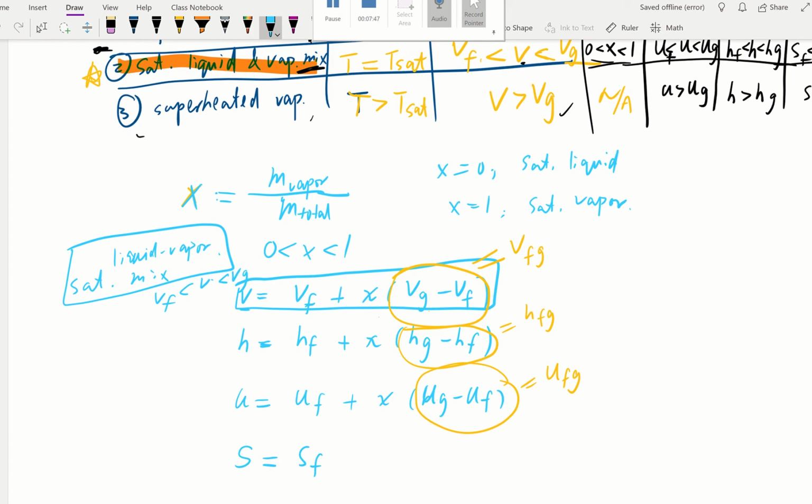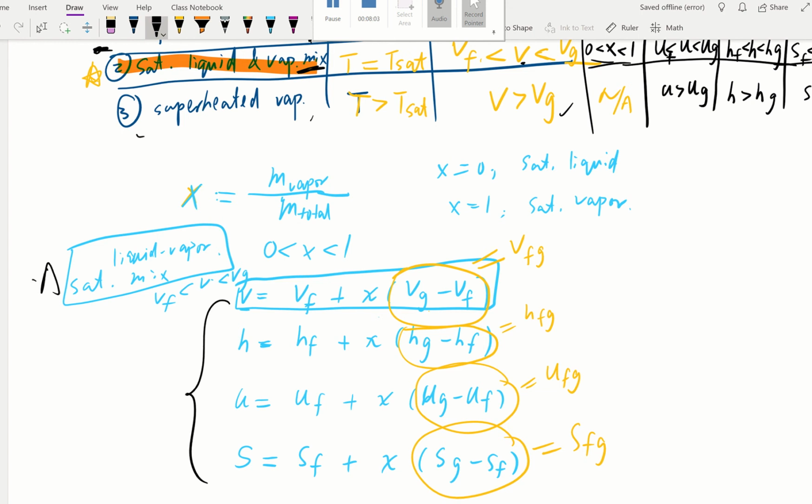That's going to be Sf plus x times Sg minus Sf. Needless to say, that's going to be the same. So those are very important equations, used only for the saturated liquid vapor mixture. Those equations we're going to use quite a bit in future study. And that's all for this video. All right, bye.